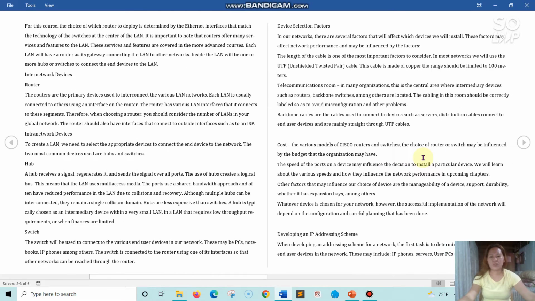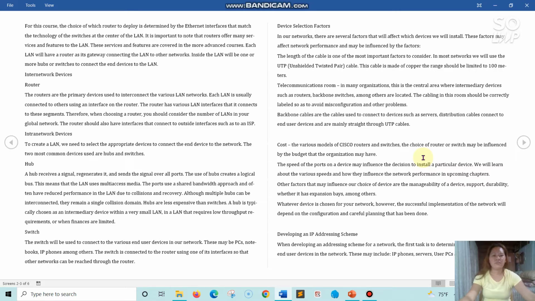The switch will be used to connect the various end user devices in our network. This may be PCs, notebooks, IP phones, among others. The switch is connected to the router using one of its interfaces so that other networks can be reached through the router.